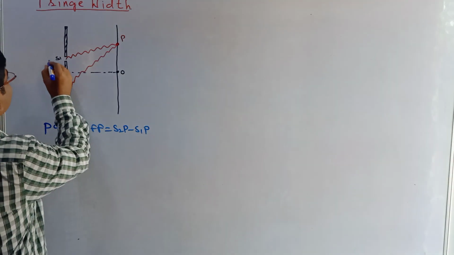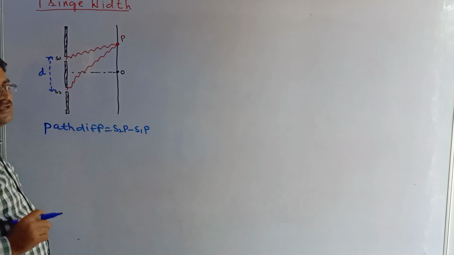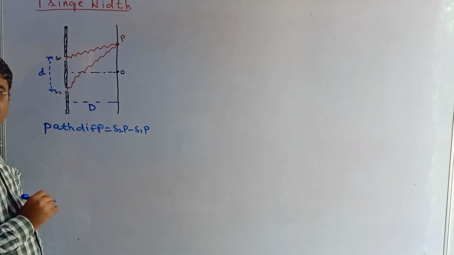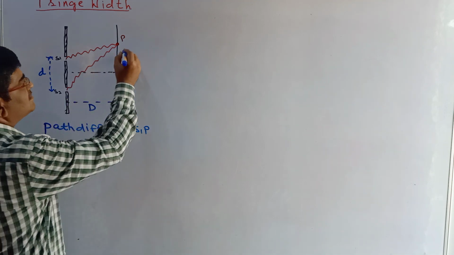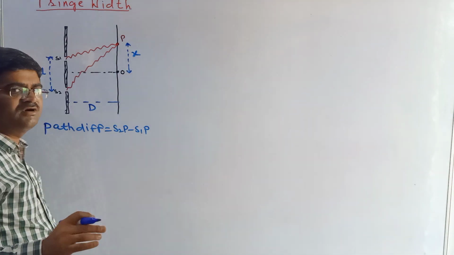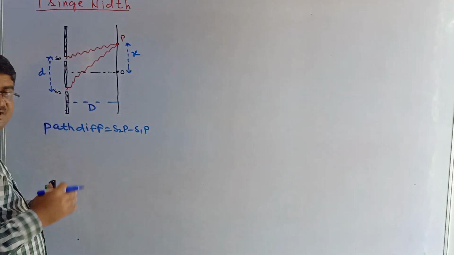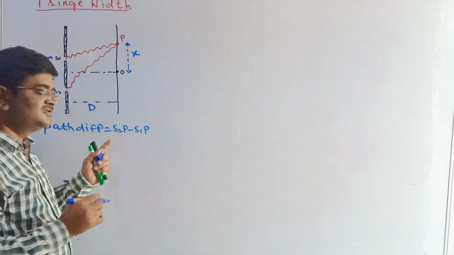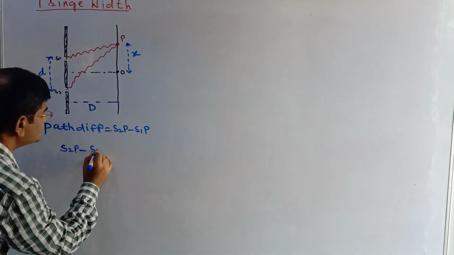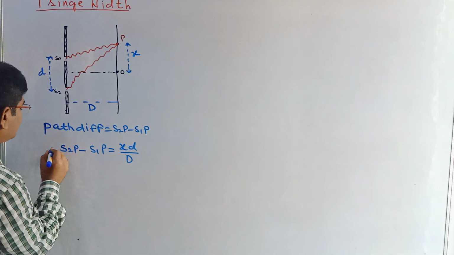With small d as the separation between the two slits, capital D as the distance of the screen from the slits, and x as the distance from the center of the screen, you get the path difference S2P minus S1P as xd divided by capital D.